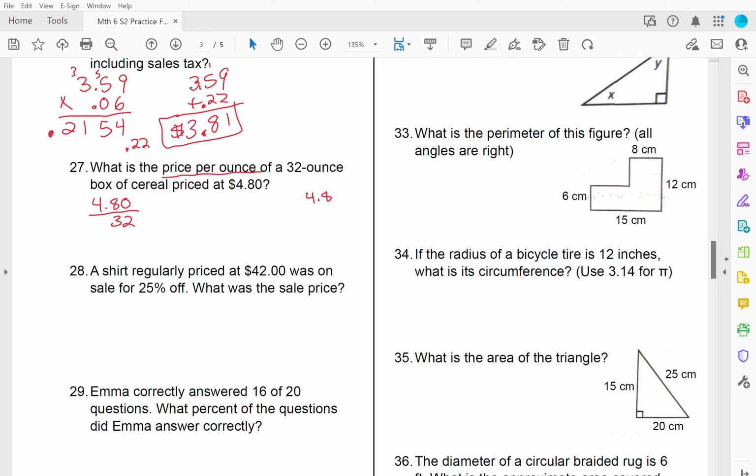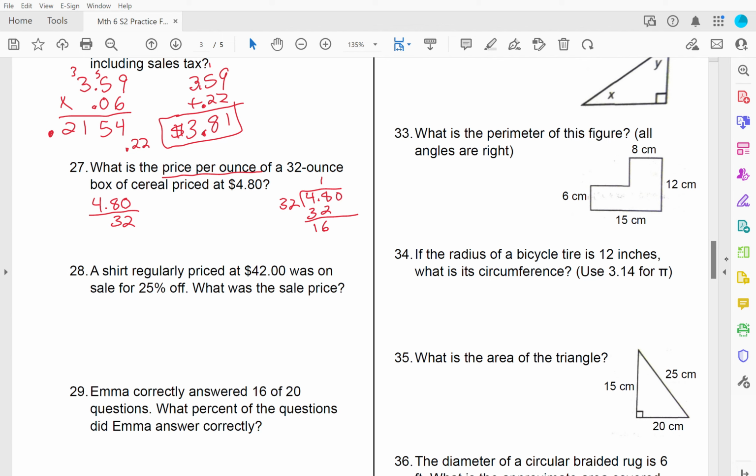4.8, 32. 32 goes in once. And that's, let's subtract, it's going to be 16.